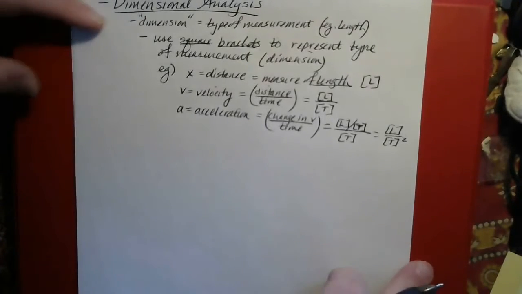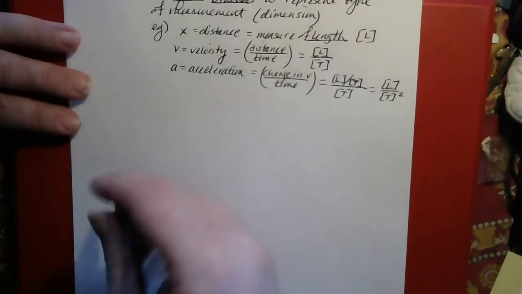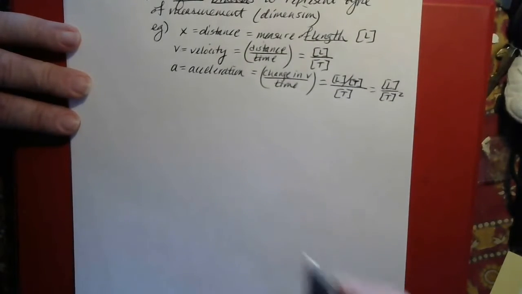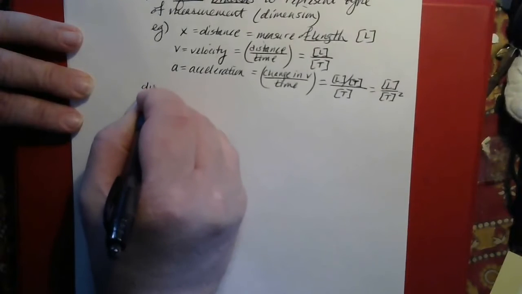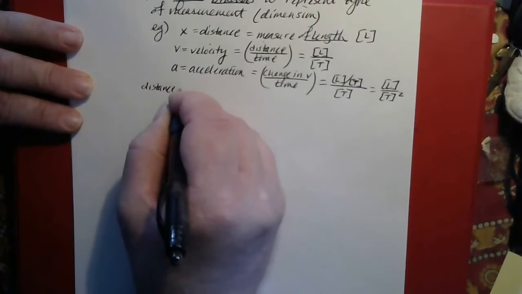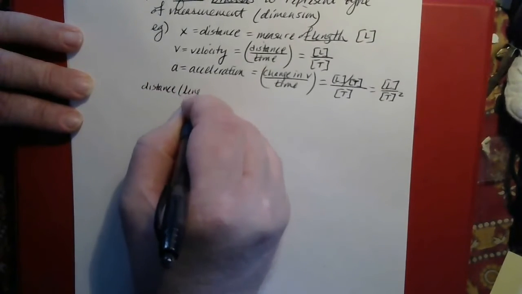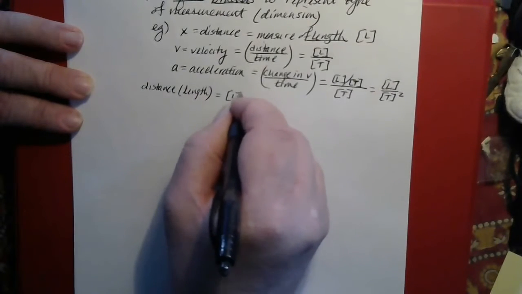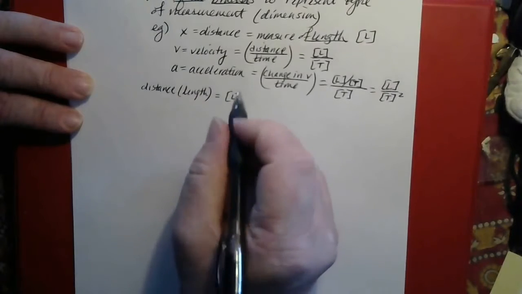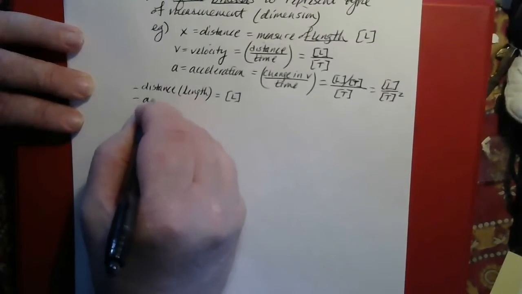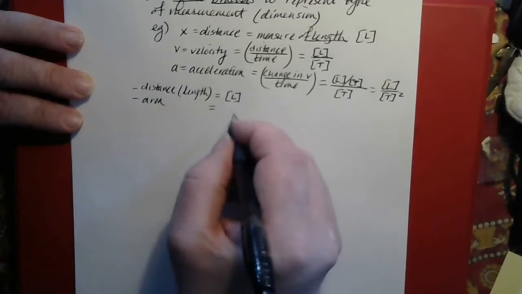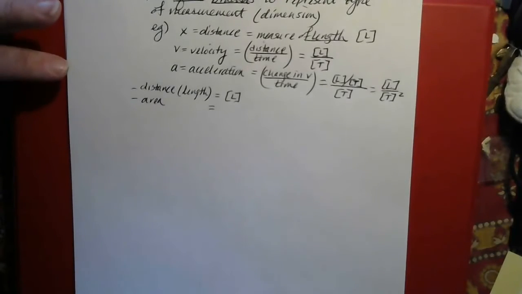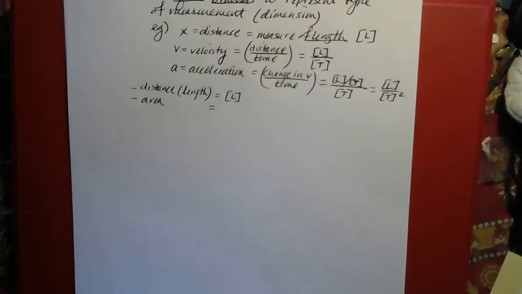So the symbols used for dimensional analysis for the types of measurements, or the dimensions in this case, would be for distance or length, L in square brackets, capital L that is. Area, as I mentioned before when we were going over the SI units, in chemistry and physics anyway is treated as if it's length times width.